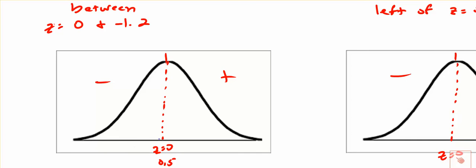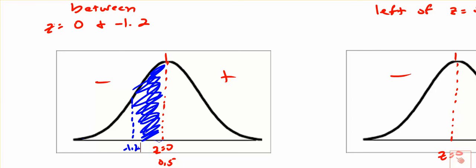I also know that the area between the left-hand side and z equals 0 is 0.5, and the area to the right is also 0.5, so the whole thing would have the area of 1. I'm asked to find the area between 0 and negative 1.2, so let's just say negative 1.2 is about right here. I want to find the area in there.